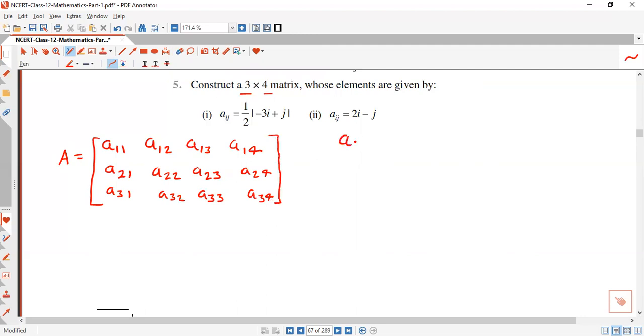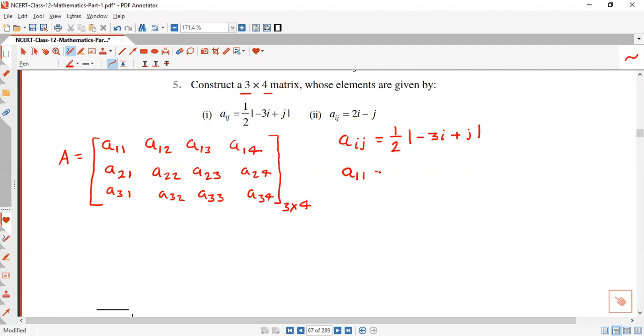Aij is given to you. The elements of this matrix, a 3 by 4 matrix with 3 rows and 4 columns, are half mod of (minus 3i plus j), taking the mod. Put i equal to 1 and j equal to 1.